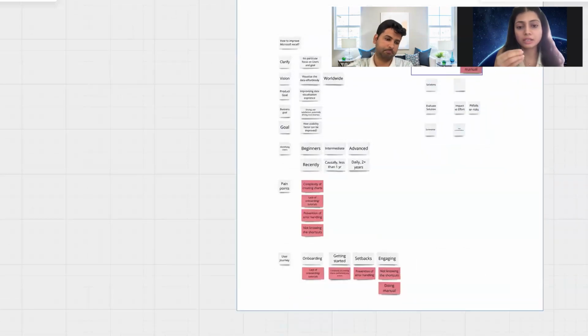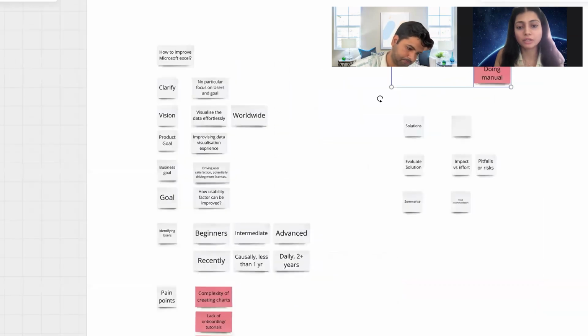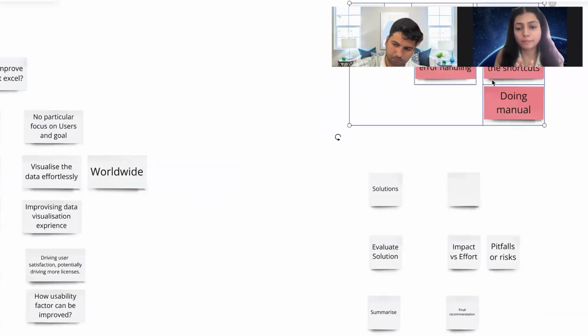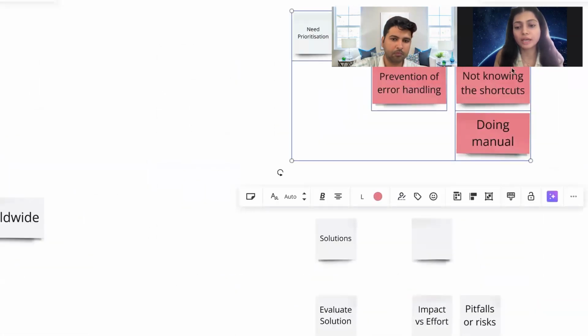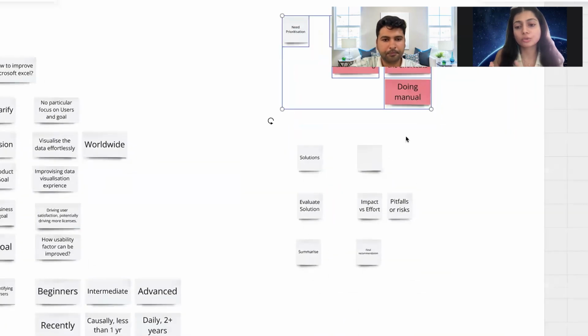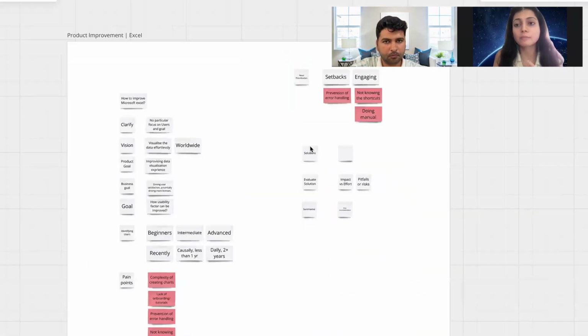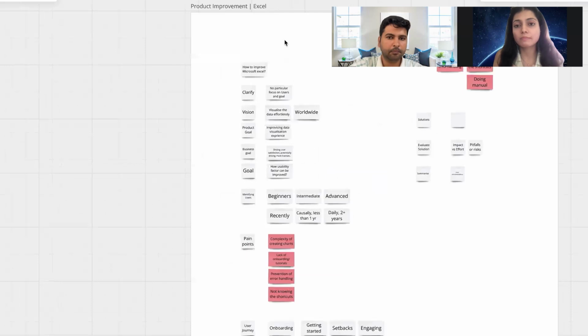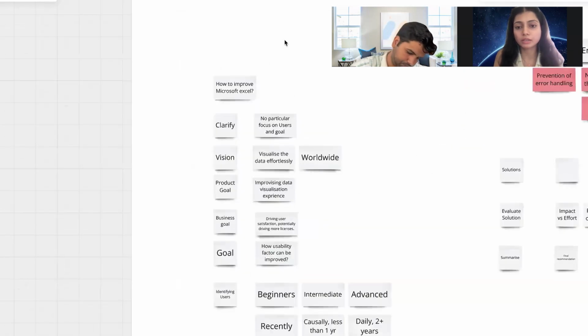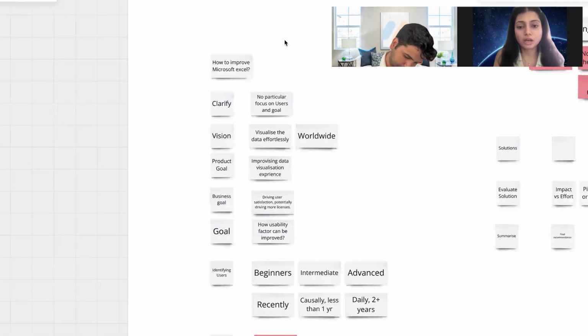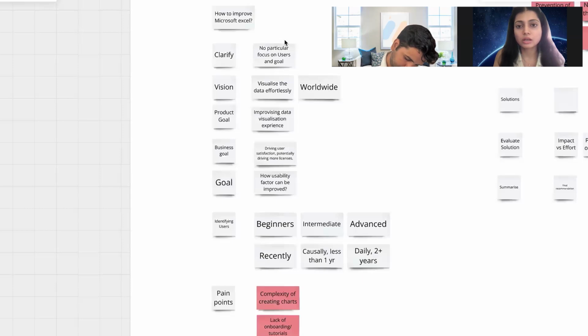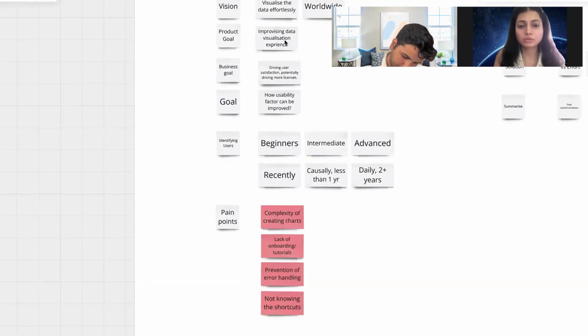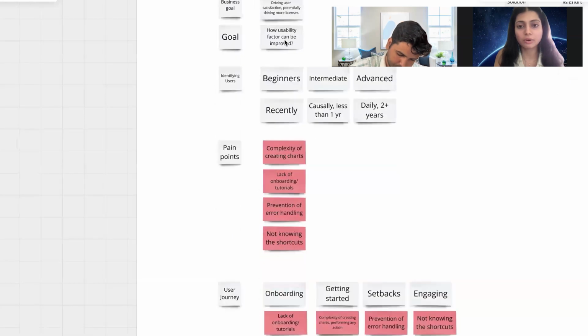And when we listed down the pain points, we have included the journey of setbacks and engaging, that is prevention of error handling, as well as not knowing the shortcuts or doing things manually, which are causing barriers for these beginners. And now, if we start talking about the solution, give me a few minutes to type down the solution and think about that.